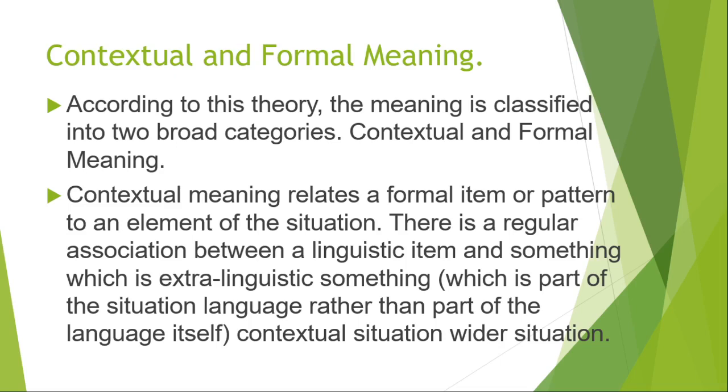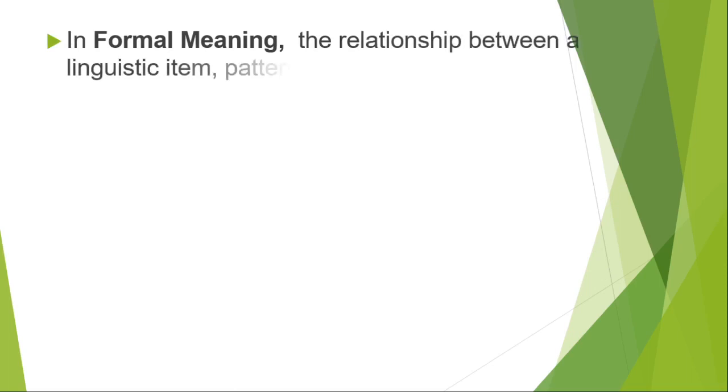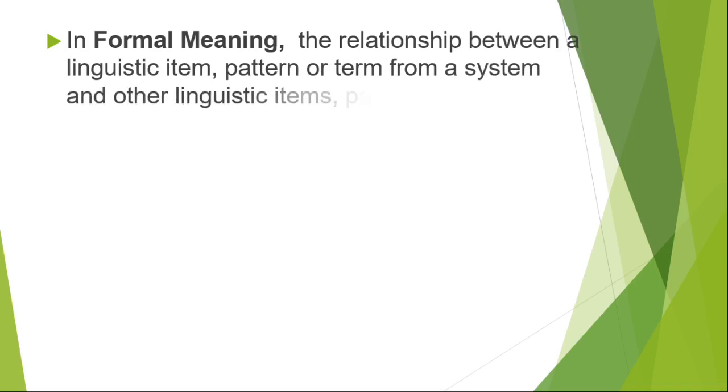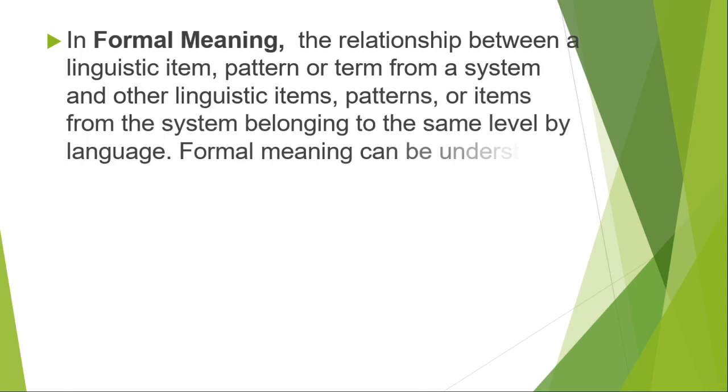Next we have the formal meaning. In formal meaning, the relationship is between a linguistic item or pattern from a system and other linguistic items or patterns from the system belonging to the same level of language. Formal meanings can be understood by collocating and contrasting a lexical item with another lexical item.